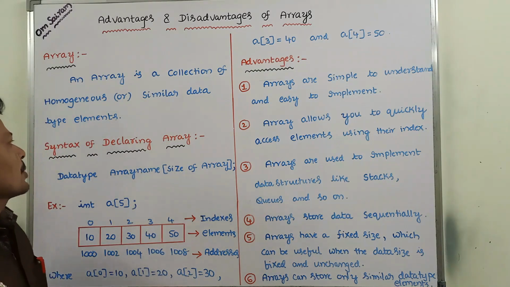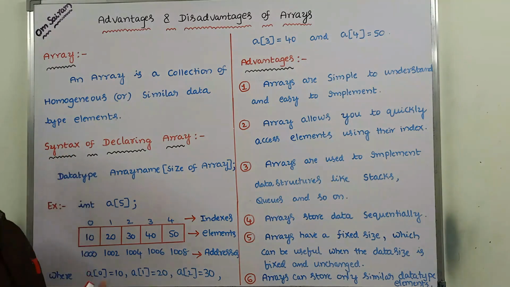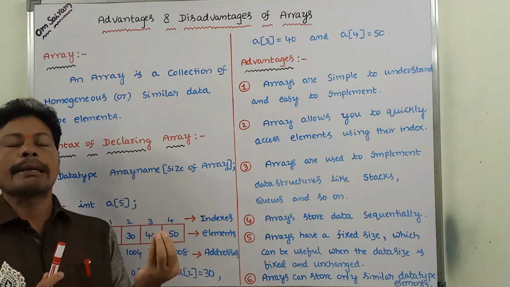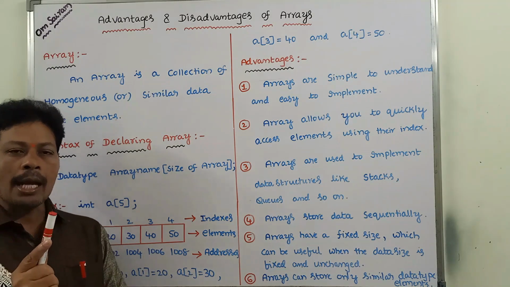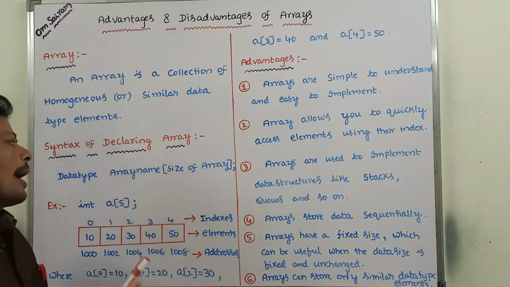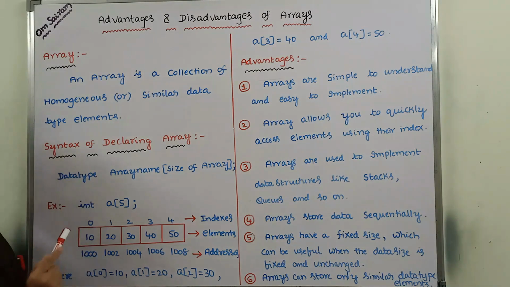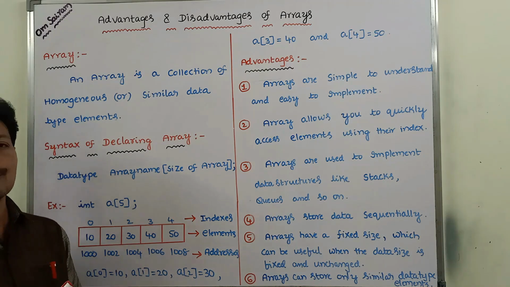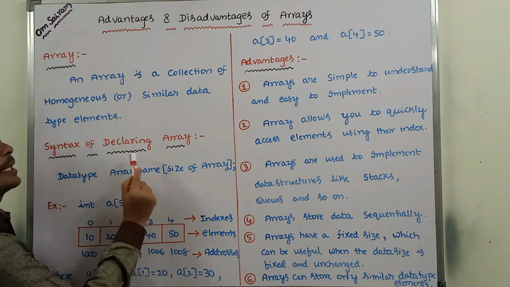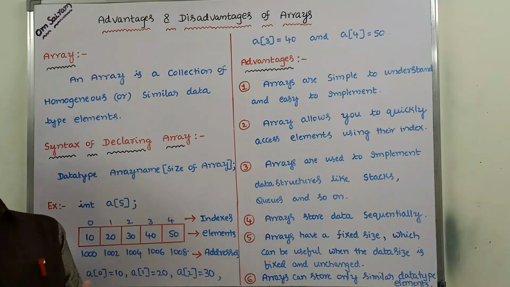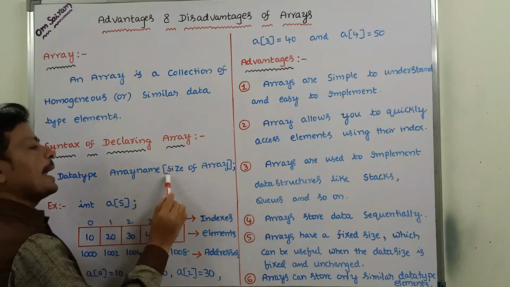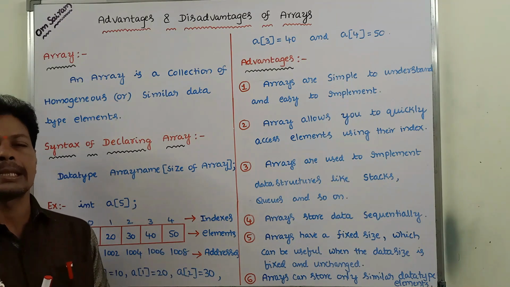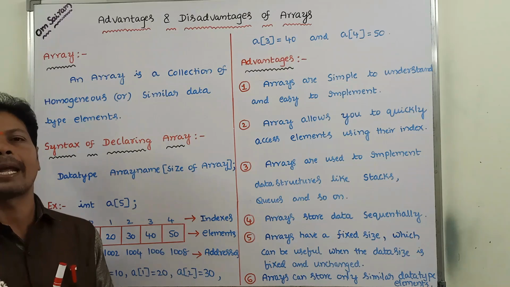Next, what is the syntax for declaring an array? The syntax is data type, array name, size of the array. Data type represents what type of data we want to store. Array name is a simple variable name. Size of the array is how many integers we want to store in the array.